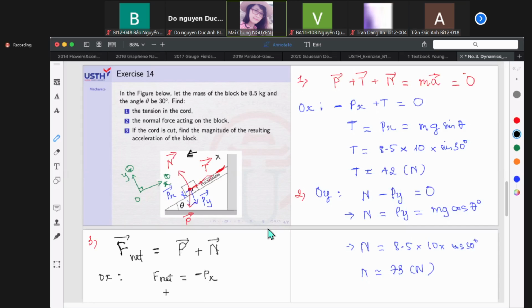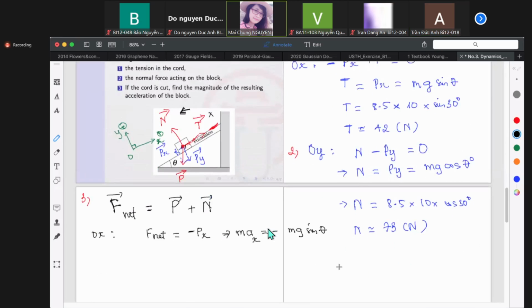So what about the net force? It is equal to m multiplied by acceleration. Now we have m times As, equal to m g sin theta. From this, we could solve for As, the acceleration of the object moving along the plane when we cut the cross.